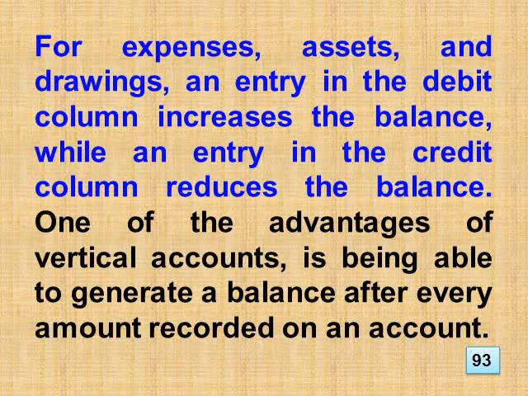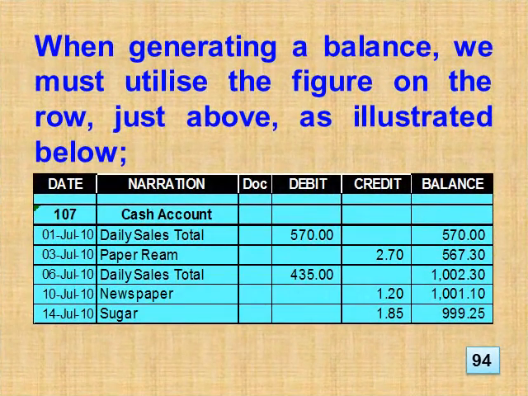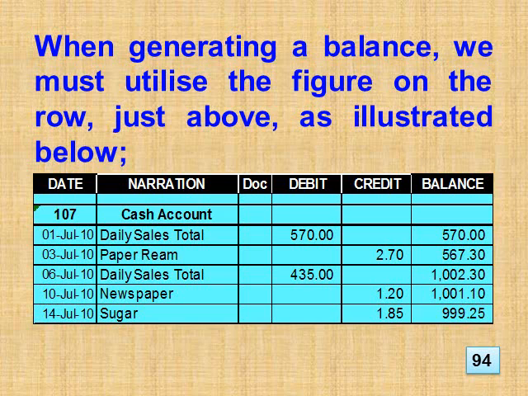One of the advantages of vertical accounts is being able to generate a balance after every amount recorded on an account. When generating a balance, we must utilize the figure on the row just above, as illustrated below. This slide has the cash account. It shows entries in the debit and credit columns, plus the balances calculated.